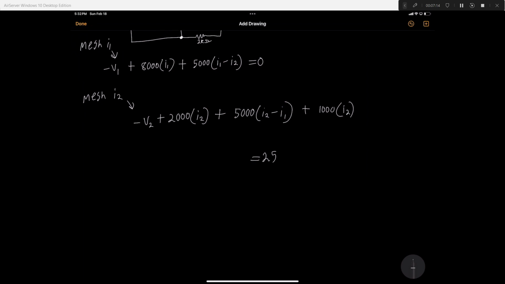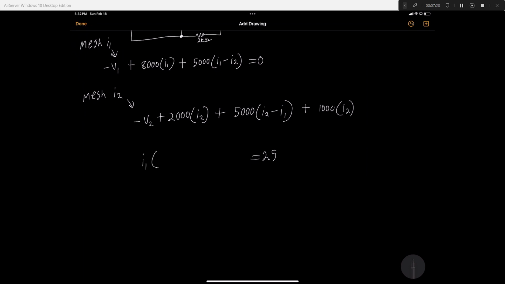We will then factor out I1. Then we'll have 8,000 plus 5,000, that'll be I1, plus I2, and we have negative 5,000 there. See, we pulled that from up here, this top one. We just substituted V1 in.